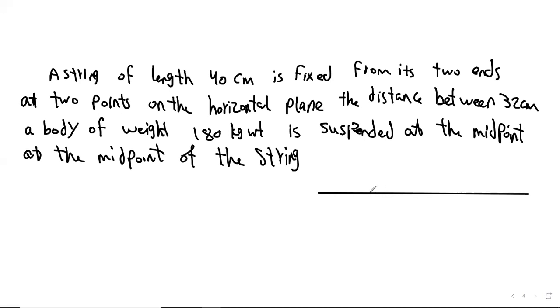So here we have a point here and a point here, and this is the distance between the 2 points, and this is the string here. And we have a body suspended by the midpoint of the string. So the body is here at the midpoint, and surely the lengths on both sides will be equal, since it is the string, when the body hangs from it.